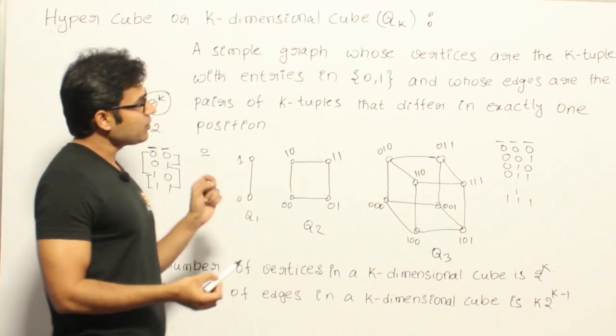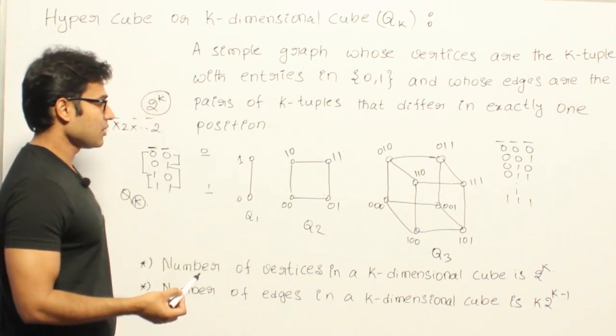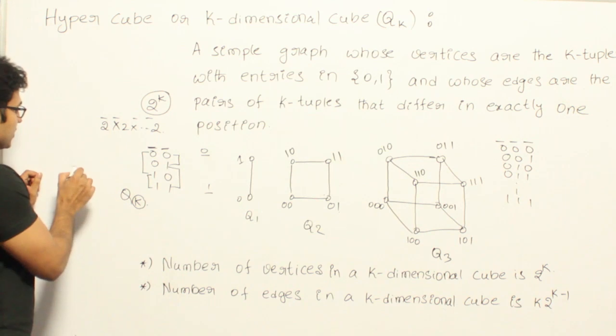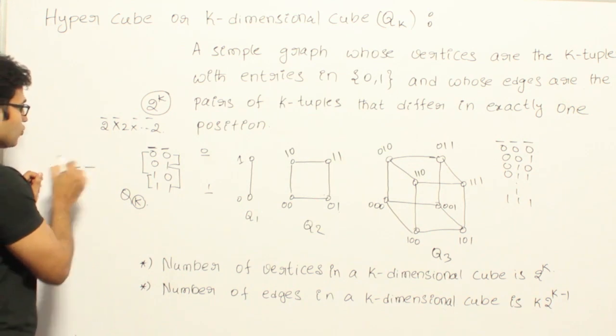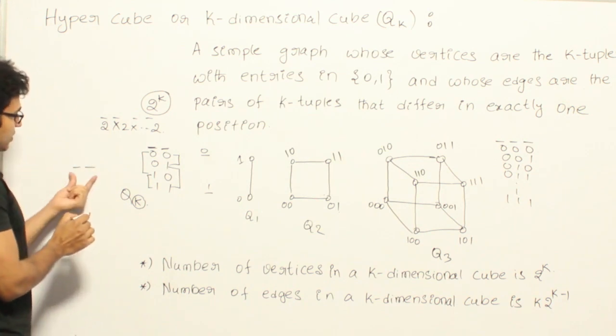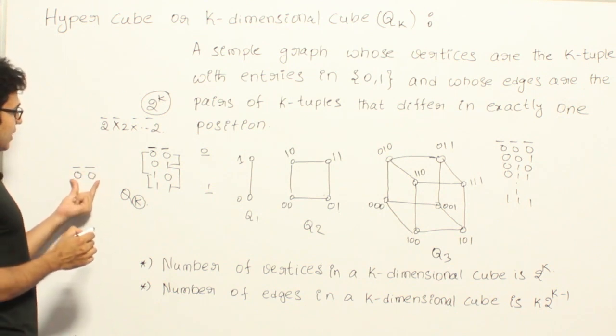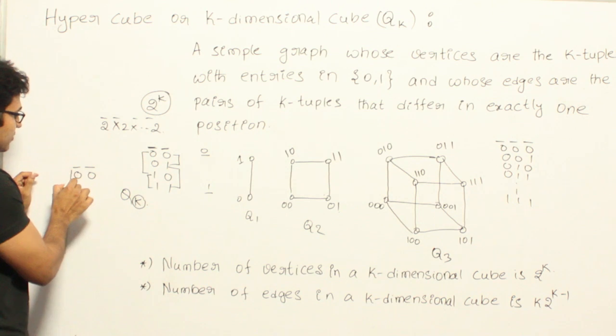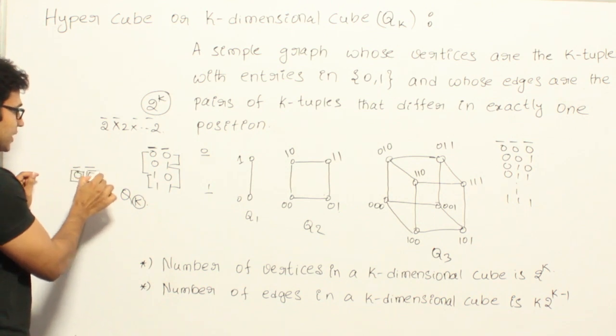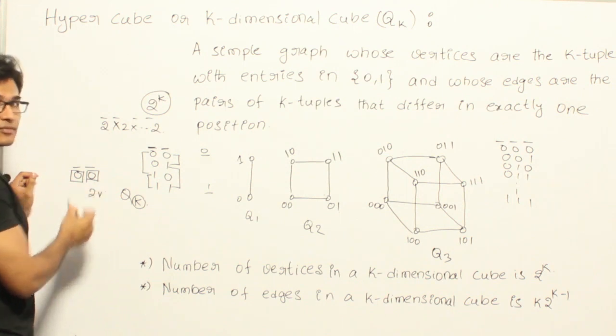Got it? Now, what about the degree of each vertex? Observe this. Let us say if I have 2 bits, and 0 0 is a vertex. How many vertices can it be adjacent to? Either this bit can change or this bit can change. Therefore, it can be adjacent to 2 vertices, isn't it?